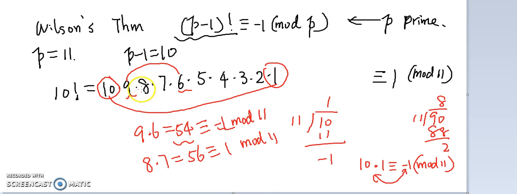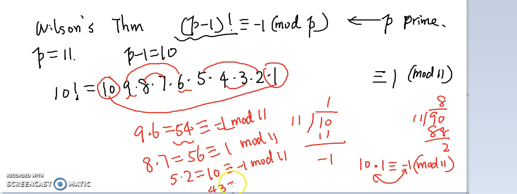So we pair these two up. And 5 times 2 is 10, so we can pair them up. Pretty much you just keep trying until you find the product which is congruent to -1 modulo 11. Or 4 times 3 gives us 12, which is congruent to 1 modulo 11.